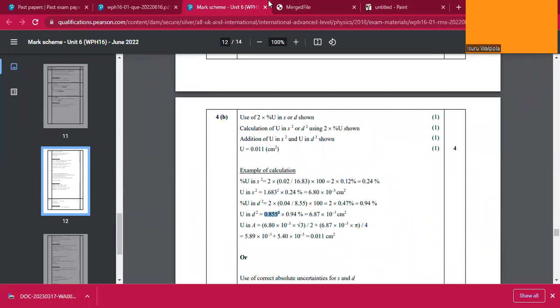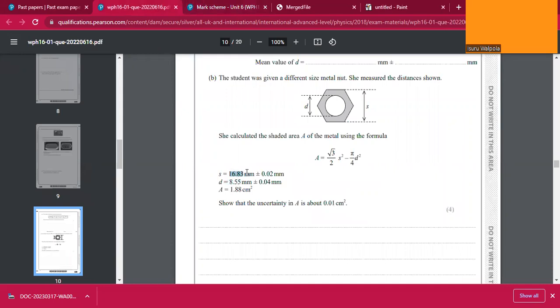Okay, using 3.125 as the value of pi, for that area, I got 1.87878729, some value like that. Since d squared, if you go back to the data also, this is in 3SF, this is in 4SF, the lowest number. Oh, sorry, they've actually given it, my bad. Anyway, it's 1.88.